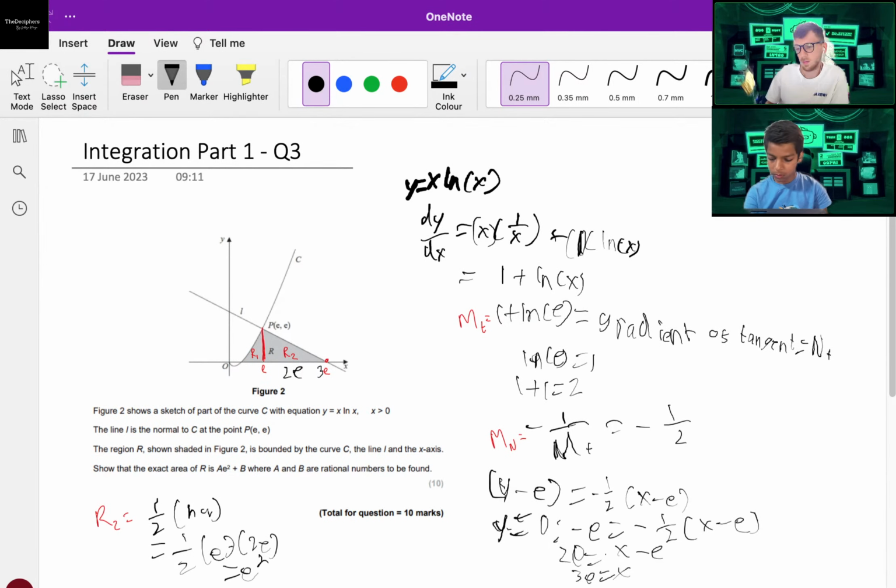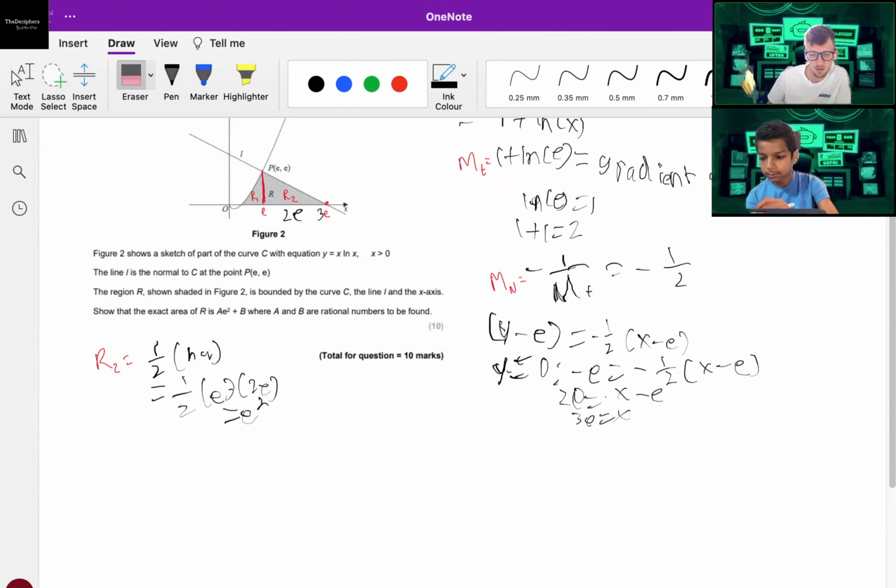Right, so we haven't actually used any integration yet. Good differentiation there, a good bit of revision of product rule and differentiating logs, and some coordinate geometry. But now we need to find the area of R1 to add it on. So let's write down R1 equals which integral?